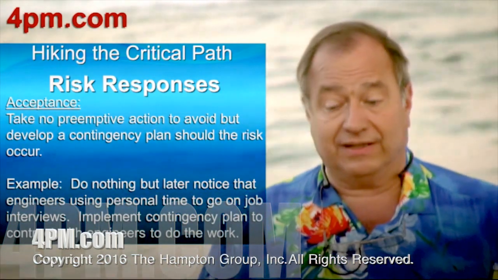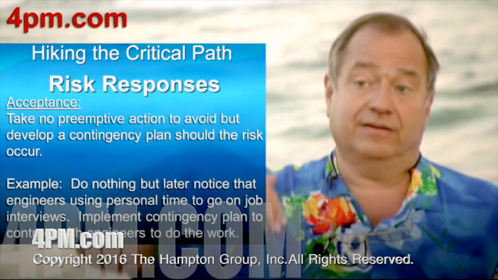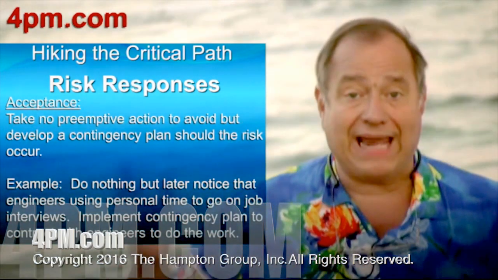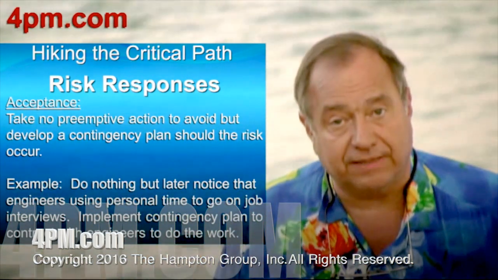And we may have in the contingency plan identified them already. And we've gotten organizational approval to hire them, so we don't have a panic when the engineers quit. We simply implement the contingency plan.